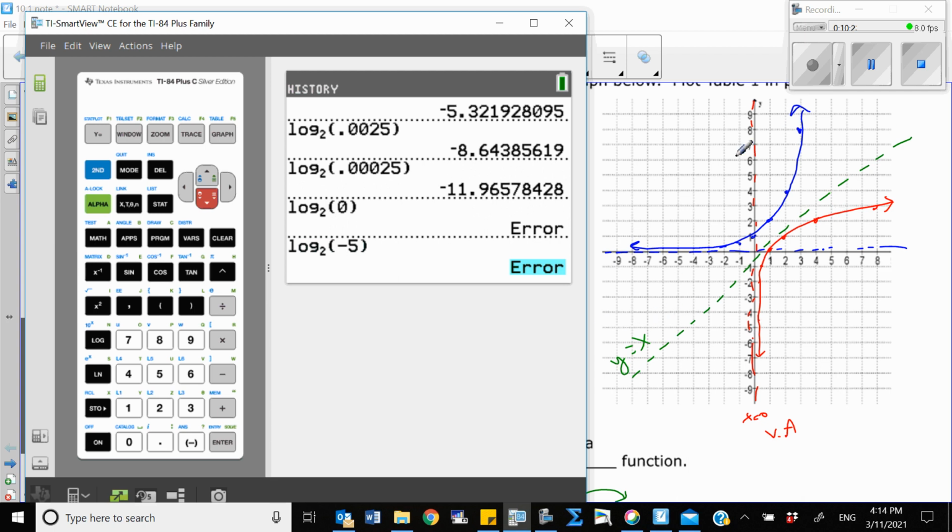So I notice that as x is getting closer to 0, my y is getting smaller and smaller, like -5, -8, -11, so it gets closer to negative infinity. But the function is not defined for x equal to 0. This means we have an asymptote here because my function is getting close to this line but doesn't pass it. So that's why we have a vertical asymptote here.